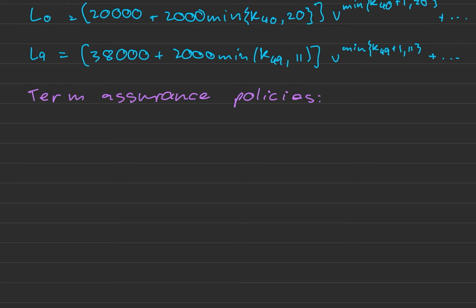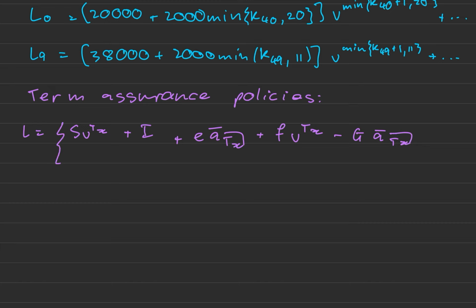My future loss random variable will be equal to S v to the T_x, plus my initial expense, plus my renewal expenses payable continuously for the lifetime, plus my terminal expenses, minus my gross premiums that are payable continuously for this lifetime. And this is actually a piecewise function.